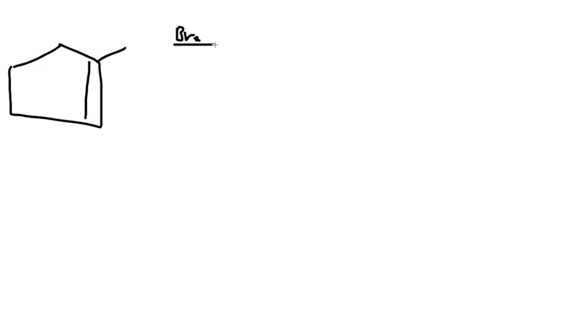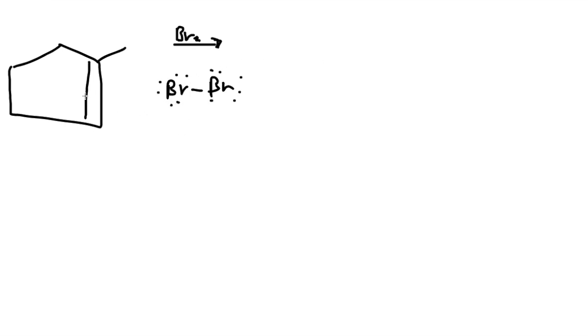Now let's talk about this mechanism. If we have a structure like this, double bond right here, and this was reacting with bromine, two bromines, right? The first thing you want to do is draw out the two bromines. Both these bromines have three lone pairs.